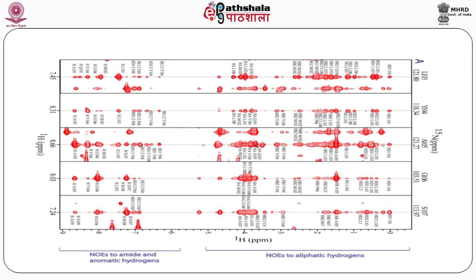If you try to count 1, 2, 3, 4, 5, 6, 7, 8, 9, 10, you can count up to like 20 to 25 protons that are close to the amide HN for the A105 residue, and these peaks are then converted, their intensities are converted into distance, and that is how you get distance constraints.